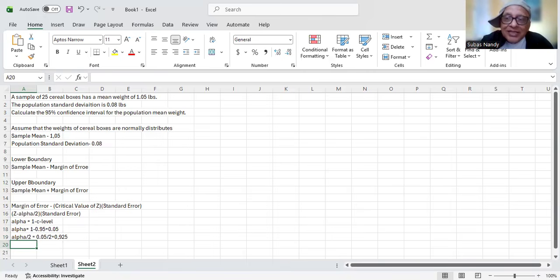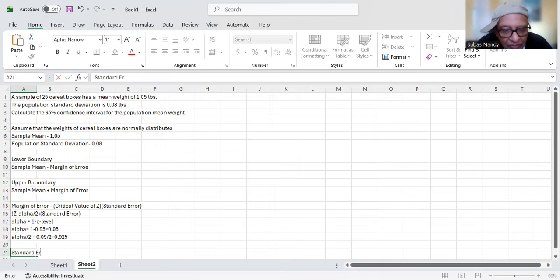Alpha by 2 in this case is 0.05 divided by 2, which is 0.025. There is an inbuilt formula in Excel which will do all the calculations for us. But we also need to know what is standard error.